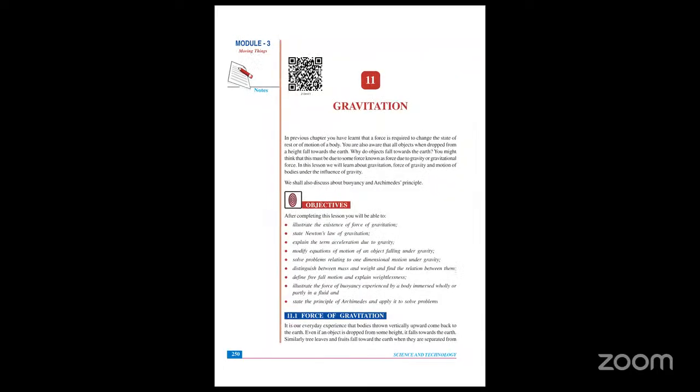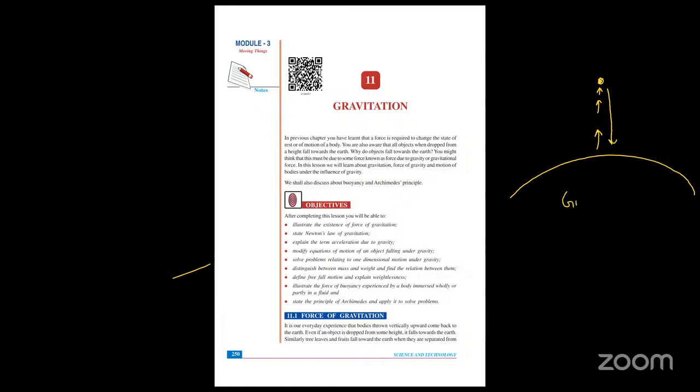So gravitation is basically, for example, if this is an earth and you launch a stone to some height, it will go to some height, but then it will fall back to the earth. Why?